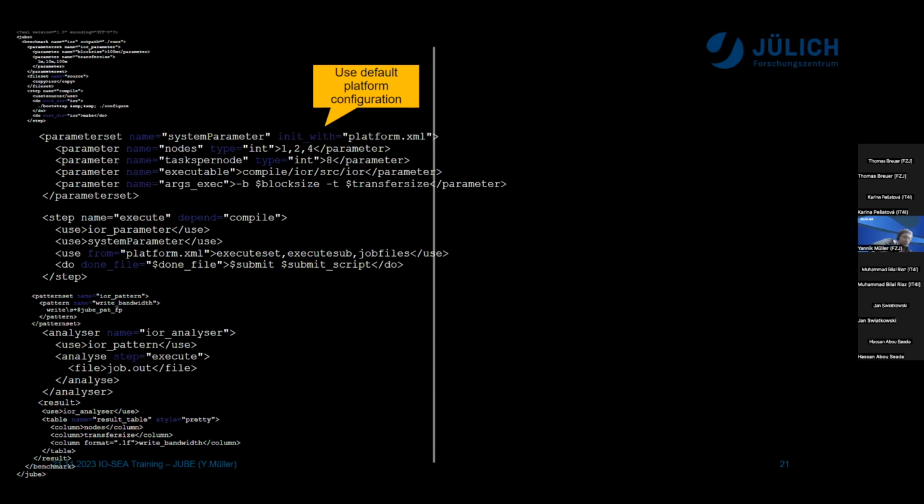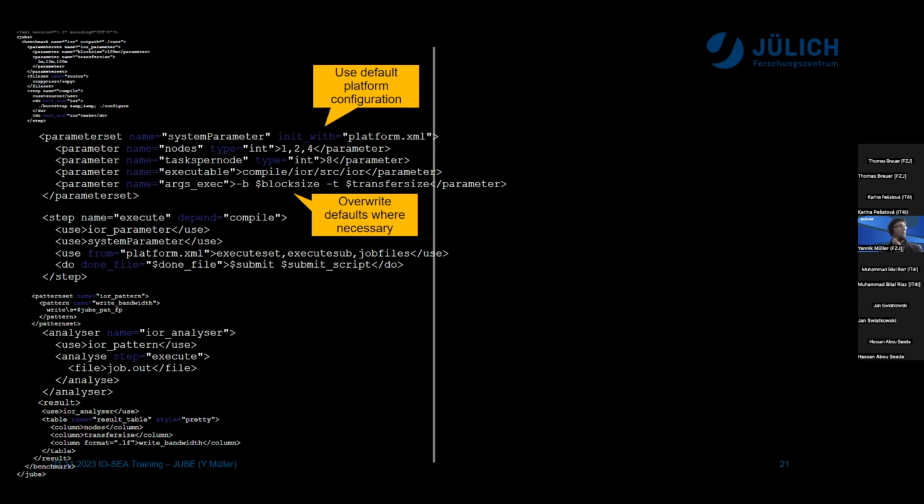And if you're on JSC systems, for example, this is already in your path, so nothing needs to be done here, just init with platform XML. This init with is telling this parameter set that it's not starting from scratch, but instead starting from whatever is written in platform XML. And then you can override values, add new values, etc. Basically, this will expand to everything that's in platform XML plus this on top.